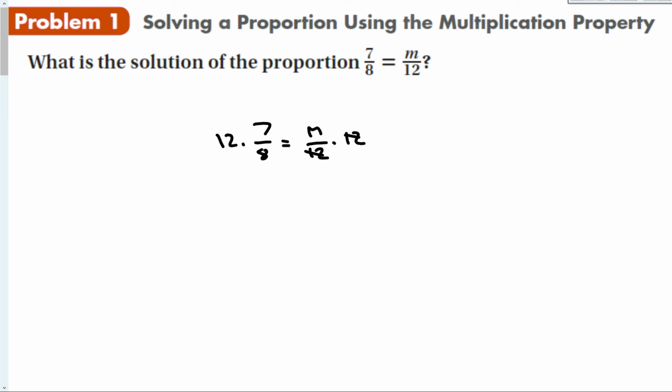And on the left-hand side, we would have 12 times 7, which is 84 over 8, is equal to m. 84 over 8, we can reduce as a fraction, or we can change it to a decimal. Either way, we get 21 over 2 is equal to m, or as a decimal, 10.5 is equal to m. Okay?